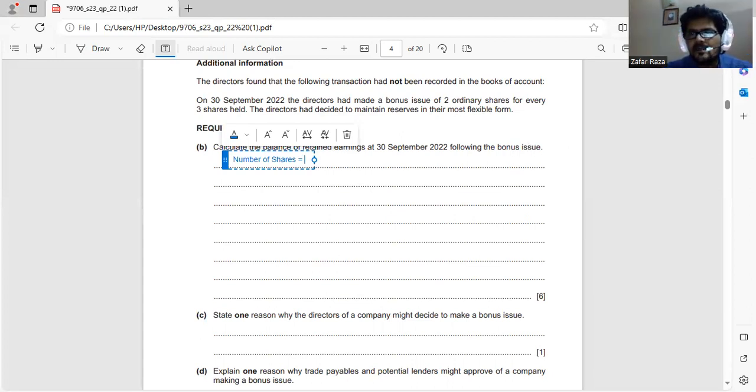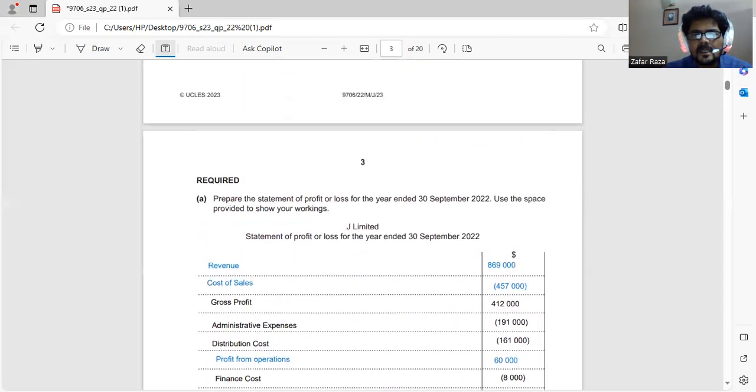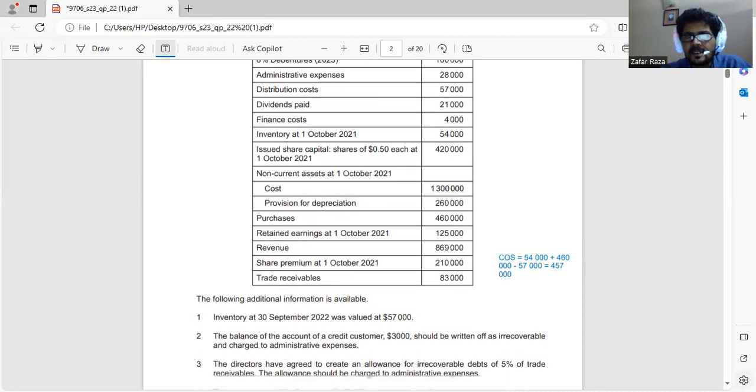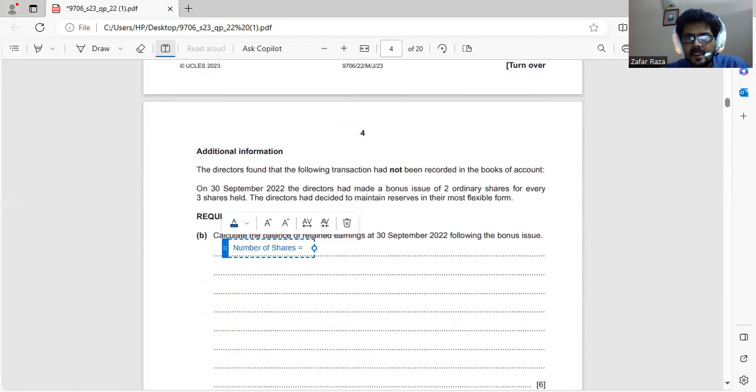If we go back to the question, we will find that we have collected $420,000 from the issue of shares, and the par value of a share is $0.5. So what we have to do here is divide it: 420,000 divided by 0.5.